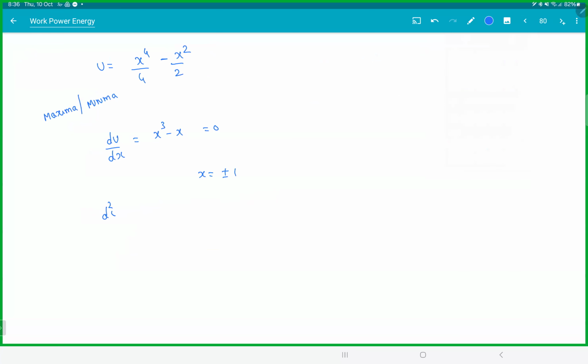Double differential, we need to check which is maximum and which is minima. Then we get 3x square minus 1. At x is equal to 1, d square u by dx square is 3 minus 1, 2, greater than 0. This is minima. Agreed? So when x is equal to 1, you're getting a minima.